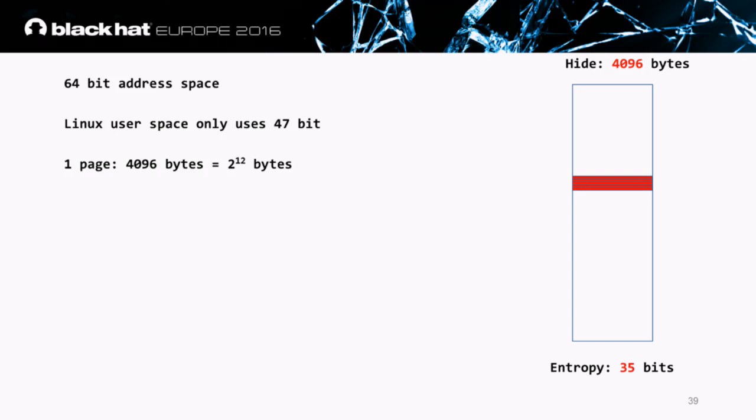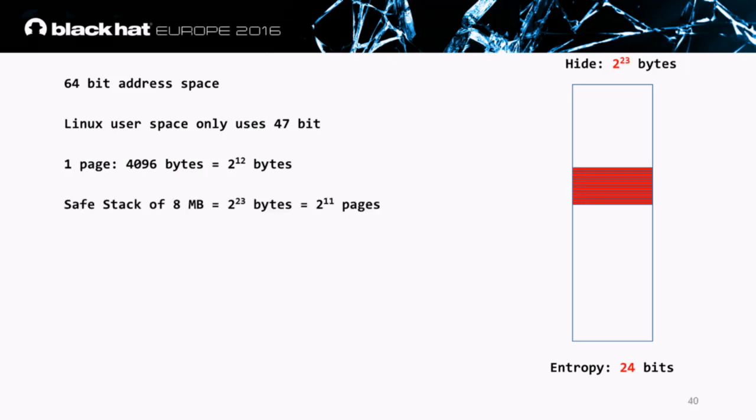For 4096 bytes, this entropy reduces to 35 bits. In Linux, the default stack size is 8 megabytes. This consumes 2 to the power 23 bytes of memory, which means the entropy for one safe stack is 24 bits in the 64-bit address space.